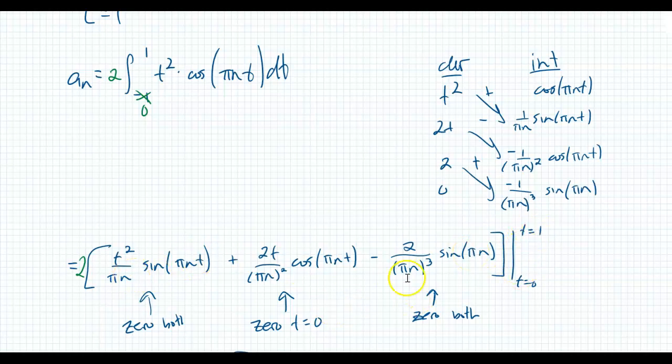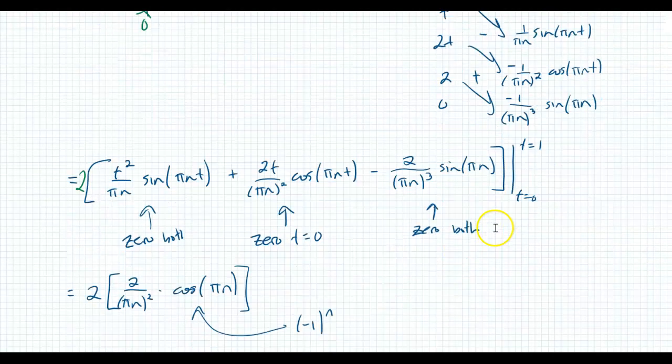And then I just have to look at this one. This one right here is going to give me what we're kind of used to getting, cosine of pi n times this thing right here, evaluated at t equals 1, which gives me a 2 over pi n squared, which matches this.